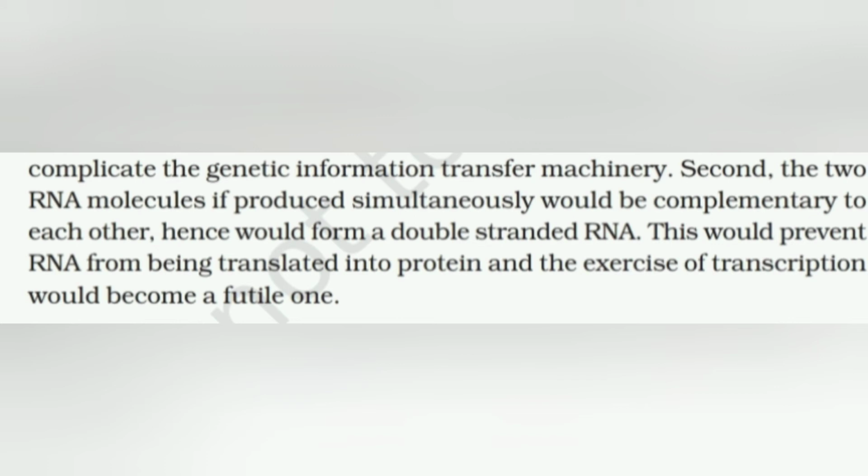Second, the two RNA molecules, if produced simultaneously, would be complementary to each other. Hence, they would join and form a double-stranded RNA. This would prevent RNA from being translated into protein, and the exercise of transcription would become futile. That is, it will be of no use, because if protein is not formed, then there is no need of forming RNA.